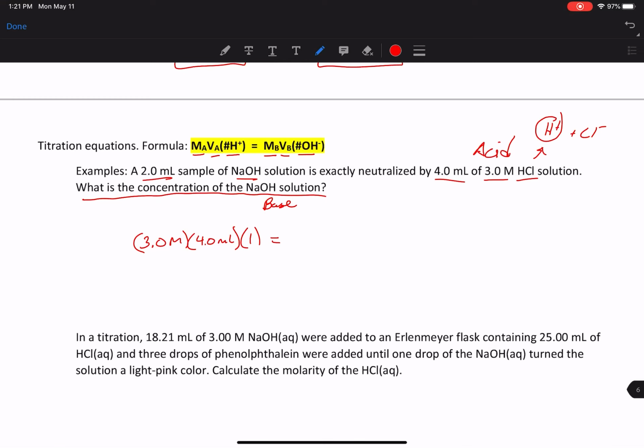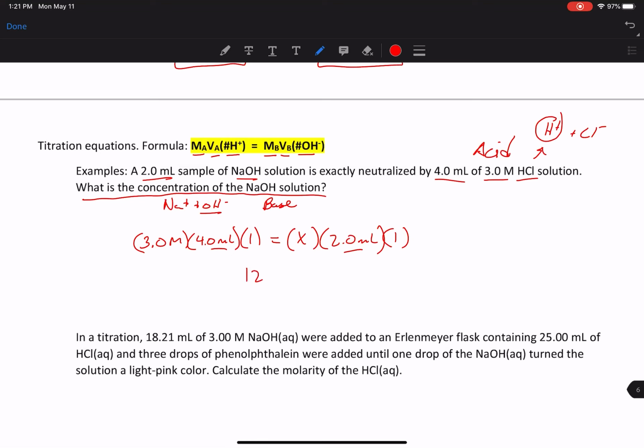The molarity of the base, this is what we're solving for, so that's going to be our X. The volume of the base is 2 milliliters. Now it doesn't matter if you have milliliters or liters, you just have to make sure they're the same. So as long as those units are the same, that's fine. And NaOH breaks apart into Na plus and OH minus. There's only one OH minus, so we put a 1 here.